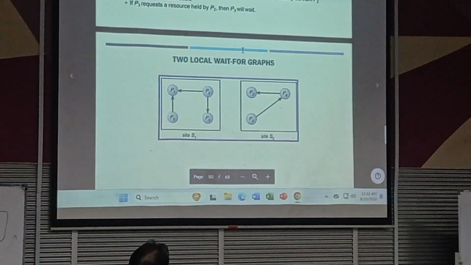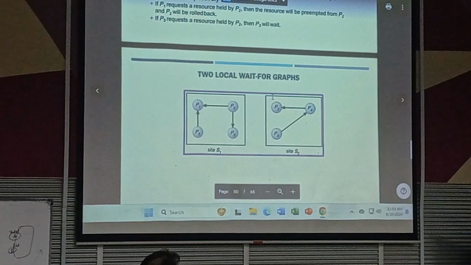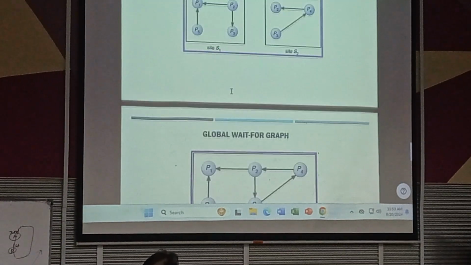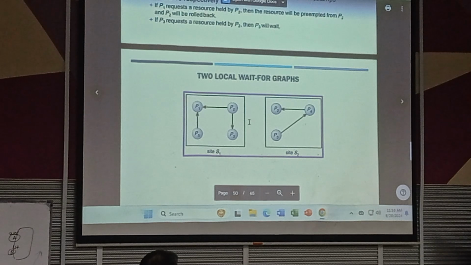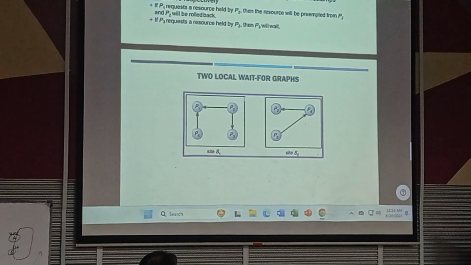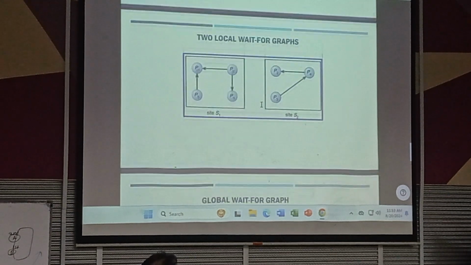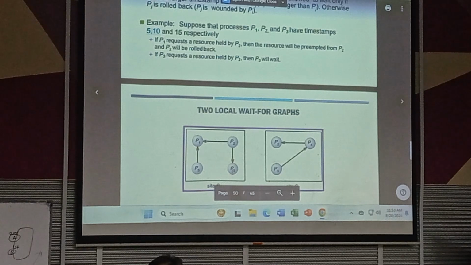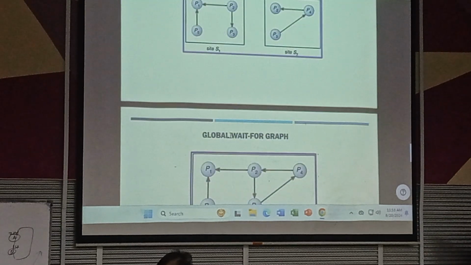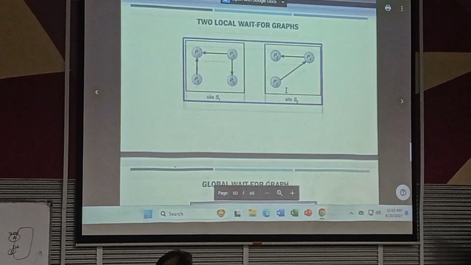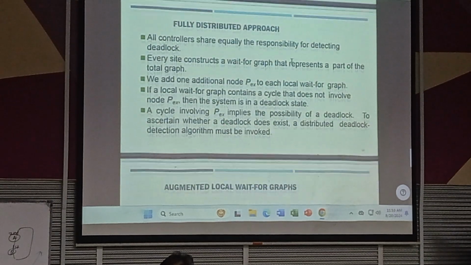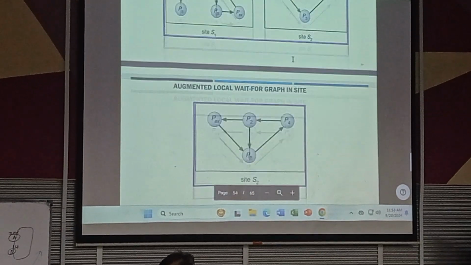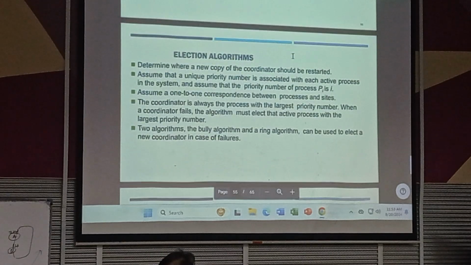Alright, so I'm going to skip this because this one is just explaining how to identify the wait-for graph, and it has nothing to do with this. I'm going to skip quite a lot here because I'm not going to talk about this.